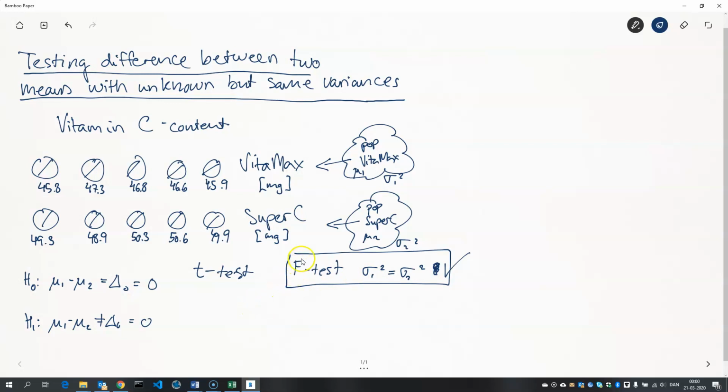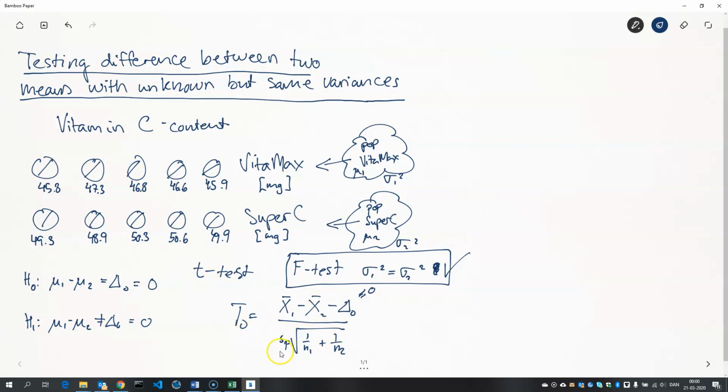And given that the two variances are the same, the test statistic that we use looks like this. Kind of familiar. We take the two sample means and subtract the hypothesis value, which is 0 in our case, and we divide it by the pooled standard deviation times the square root of 1 over n1 plus 1 over n2, where n1 and n2 are the sample sizes.